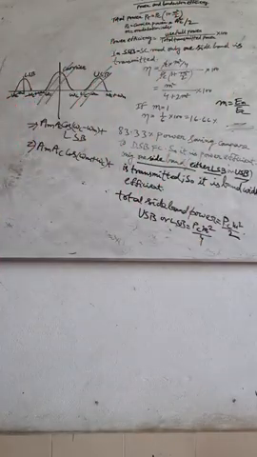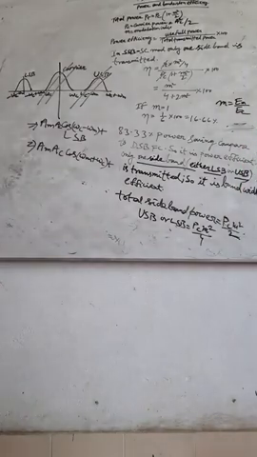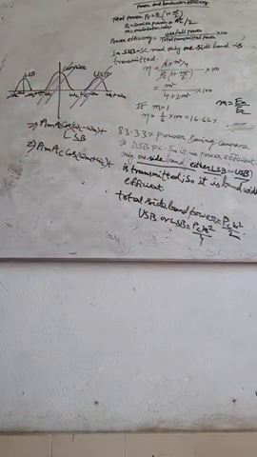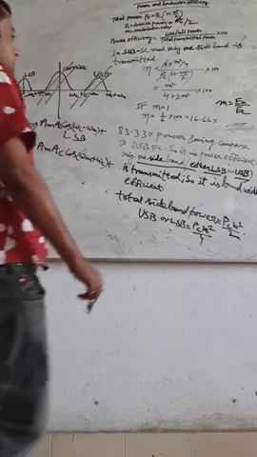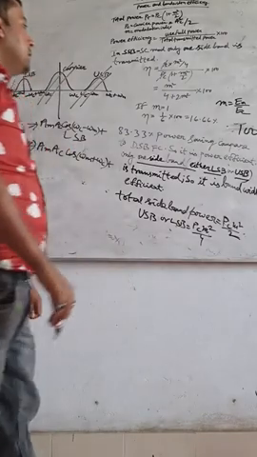Total transmitted power must be 100% for DSB-FC modulation technique.